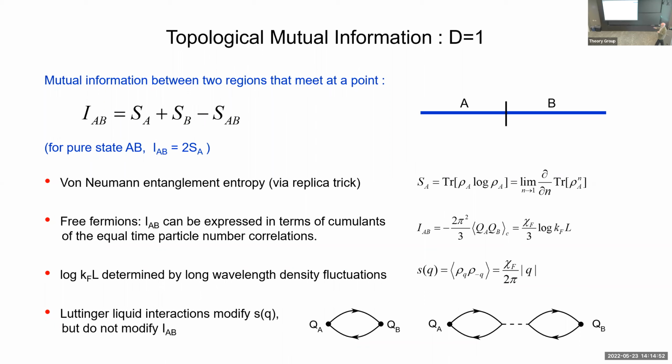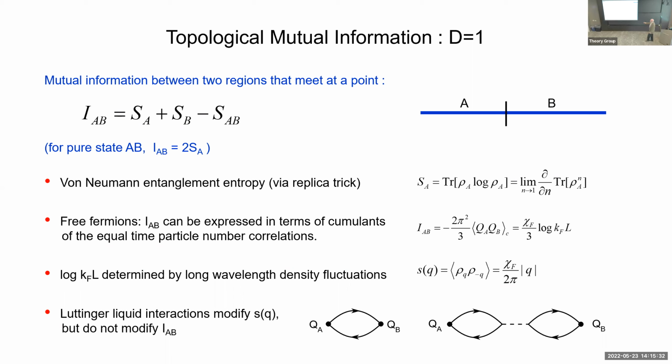I can define the mutual information between 2 regions to be this, and this doesn't really have any new information in it, because for a pure system, if the whole system AB is in a pure state, then S_AB is equal to 0, and S_B and S_A are equal to each other. So this is the same thing as the bipartite entanglement, up to a factor of 2. But this is the thing we're going to generalize to the multipartite entanglement.